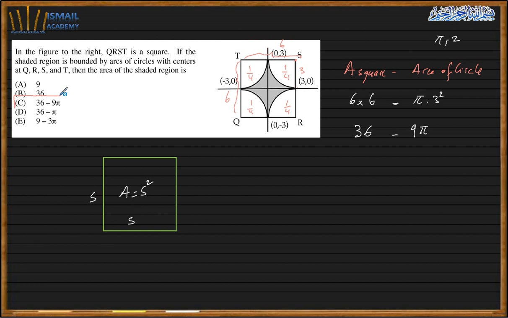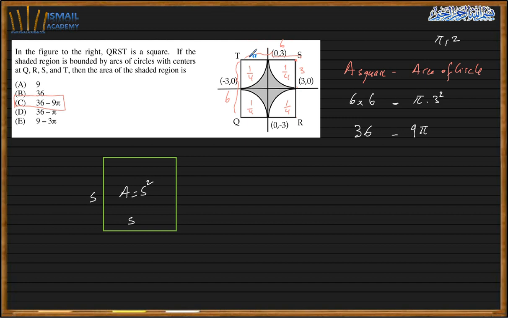To explain this again, here what do we have? We have a square, from 3, and this is 6 by 6, and this is one circle.